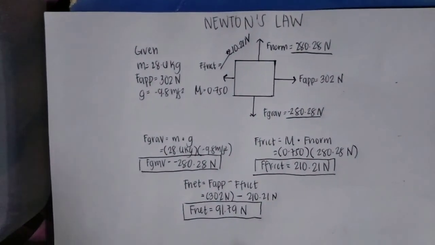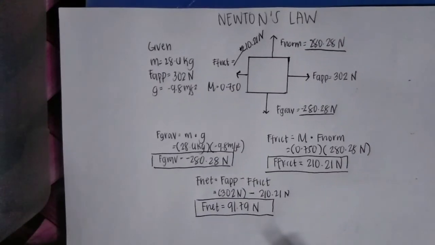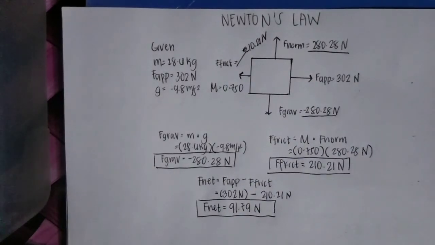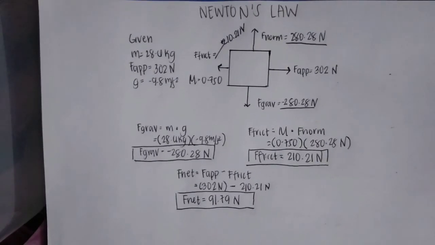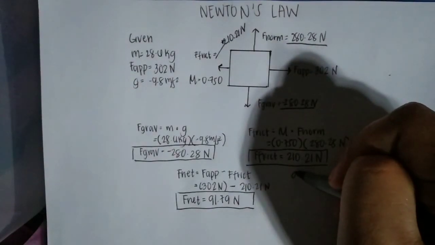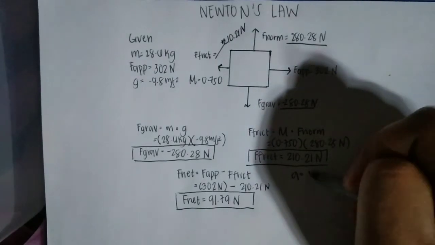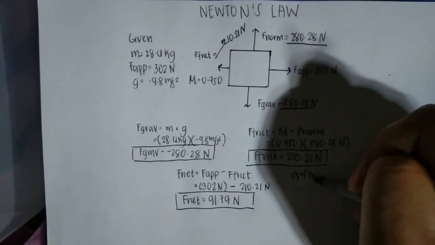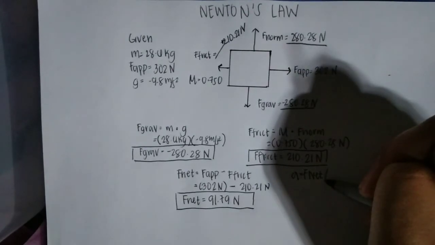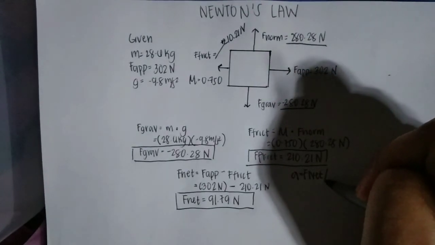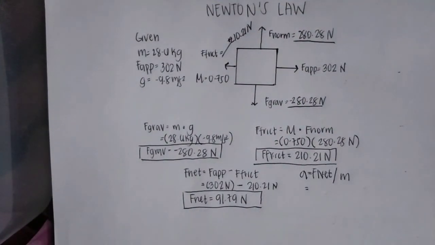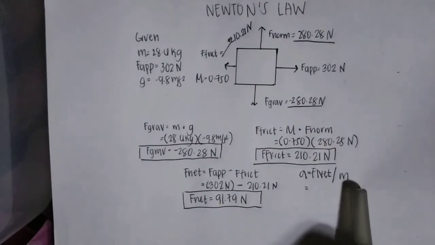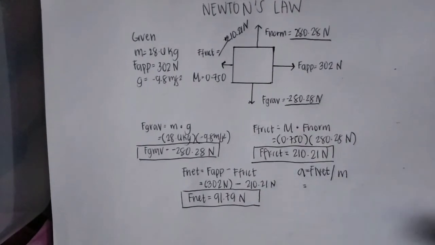So after we determine the F net and all of the forces, we can now determine the acceleration. Our formula to determine the acceleration is equal to F net over the mass. Since we already have the F net and the mass given, it is easy to find.